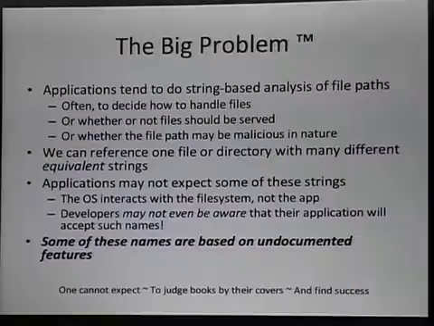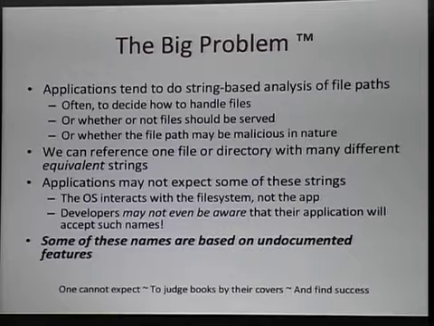So the big problem here is that applications tend to do string-based comparison of file paths and file names rather than actually checking the file system. The problem with this is that we can reference one file with a bunch of different names, and that's why Windows File Pseudonyms, so fake names.